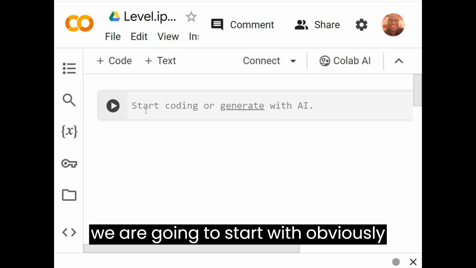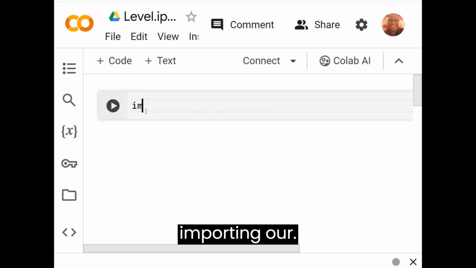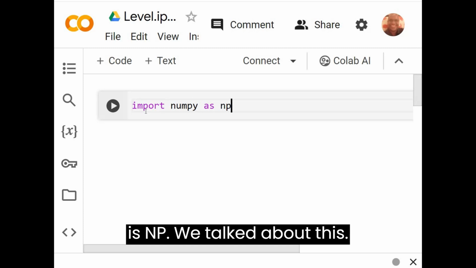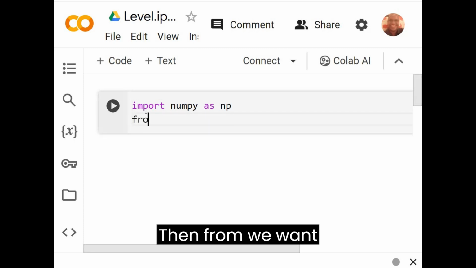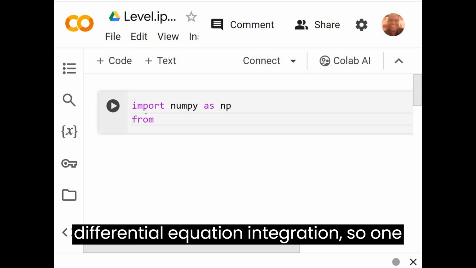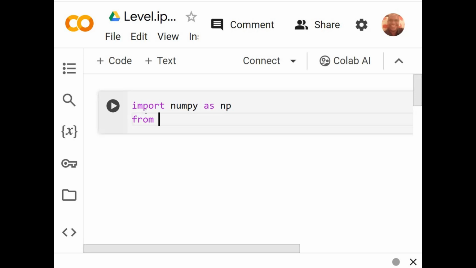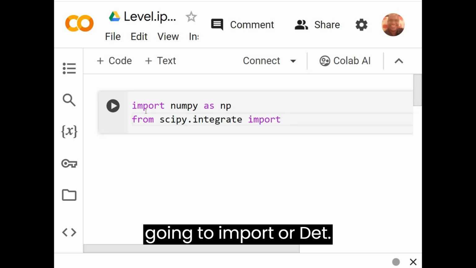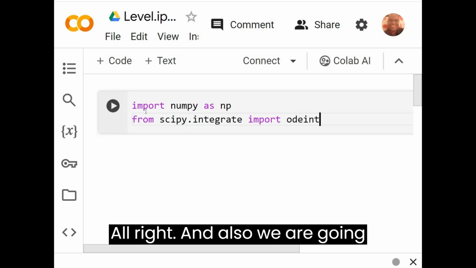So we are going to start with importing our NumPy as np. We talked about this. Then from scipy.integrate we are going to import odeint.